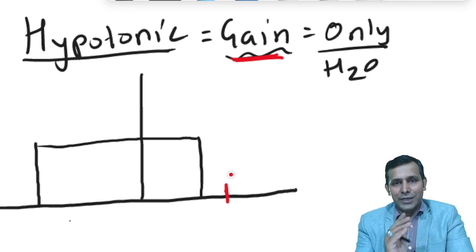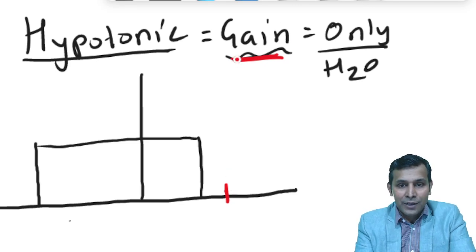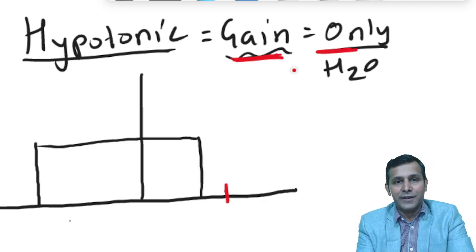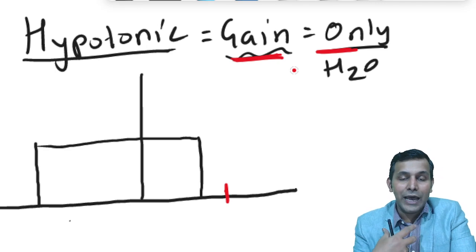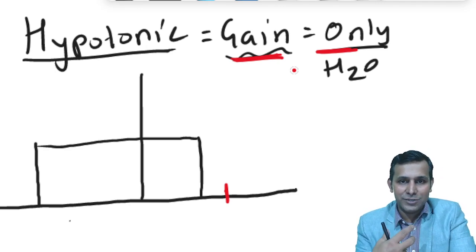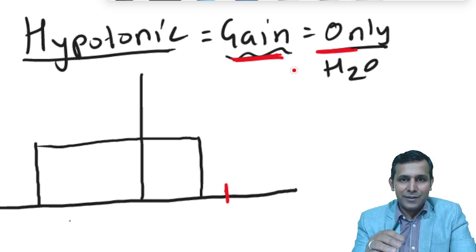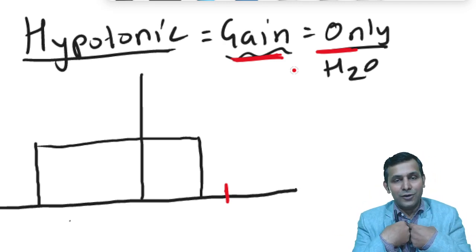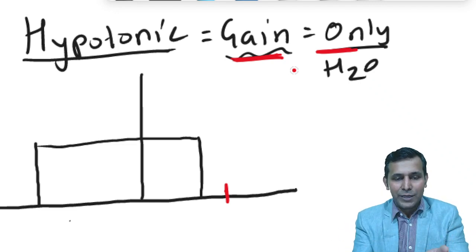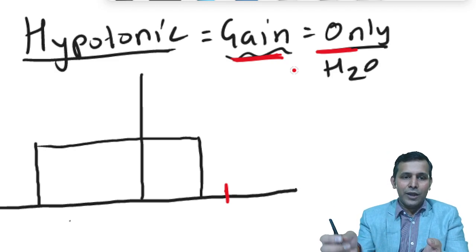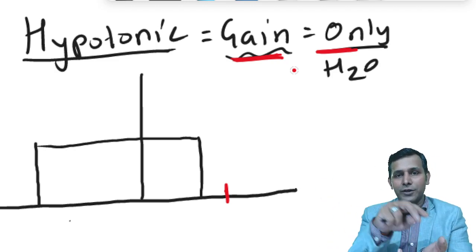Now the person is gaining only water. More water is gained. Salt is not gained here. So the ECF osmolarity, the salt concentration, will be decreasing because we are taking more water and not the salt. The body's salt is going to get diluted. It is like taking a spoon of salt and keeping on adding water to it. What happens?